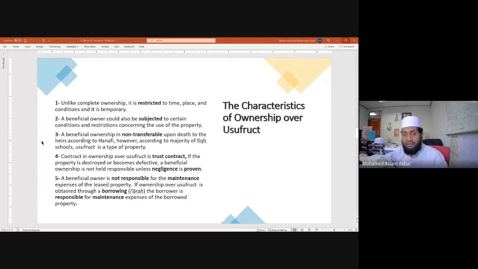If you are residing in somebody's house, if you are using somebody's service for months, for example, you have a Netflix account and you are using it. You're using the account, so it's like you are the beneficial owner.